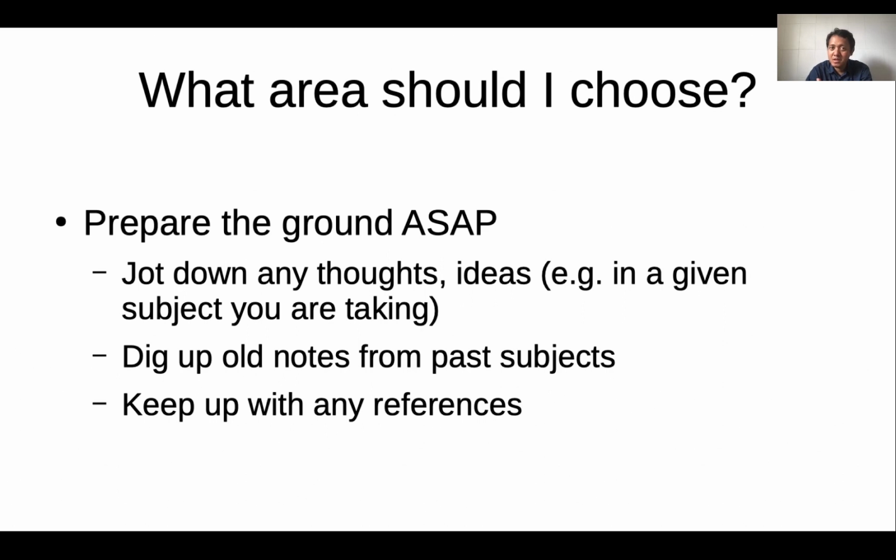Whenever you take a language subject or literary subject, try to jot down any thoughts, ideas that come up during the course. And you may also dig up your old notes from past subjects, or take a look at the references that have been given to you, the textbooks, the articles for particular subjects. Who knows, you may find a certain area that you are interested in.